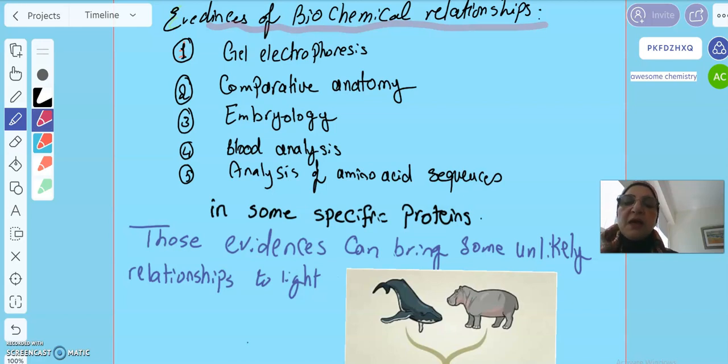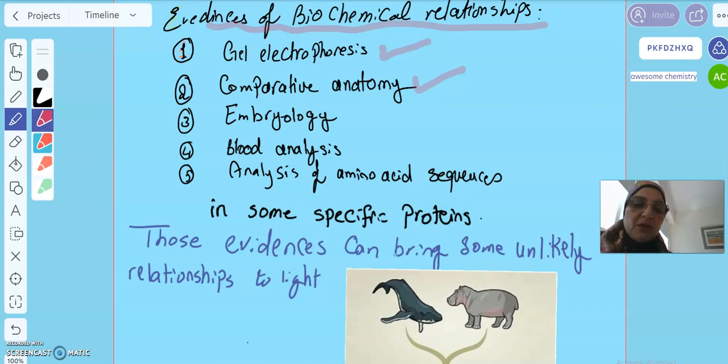The scientists have studied gel electrophoresis to know the relationship between living organisms, and then they also use what we call comparative anatomy. Comparative anatomy is to compare anatomical structures of living organisms or closely related living organisms to put them in different taxonomic groups or in the same taxonomic groups.